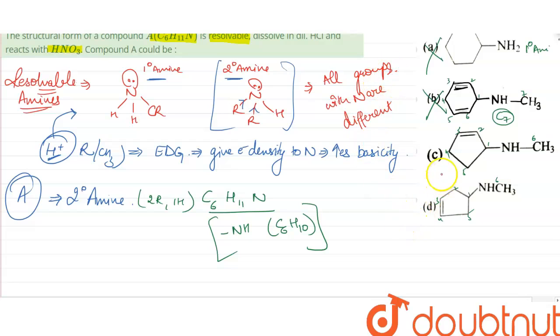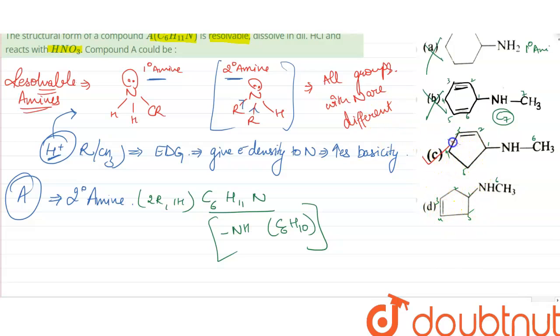In C, if we divide this group into equal parts and cut here, this group has a double bond in the second and third position. If we go to this side, it doesn't have the double bond in this position. So these two carbon chains are different. But in the other one, the double bond is exactly on the same position, so it is not different from this one.